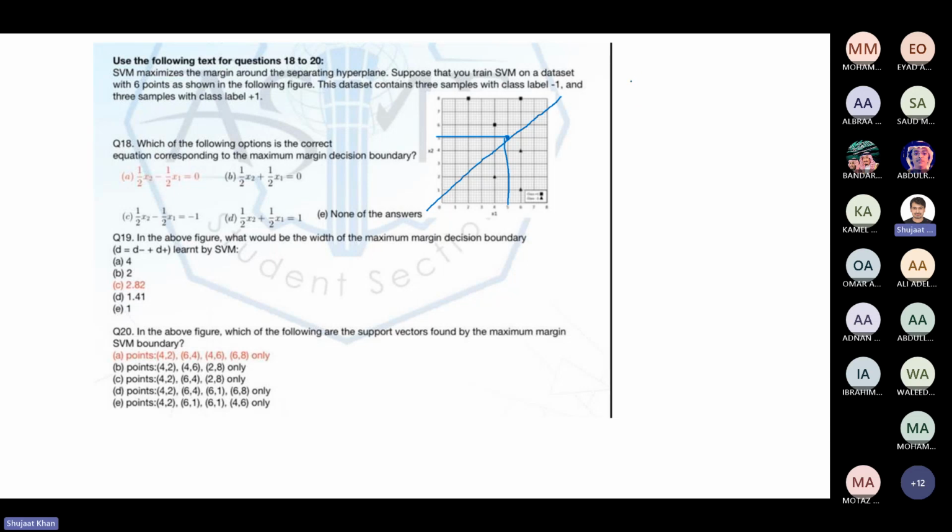So let's calculate x2. x2 is equal to m x1 plus b, and x2 is 5, m is 1 and x1 is 5, so b will be 0. B is 0.